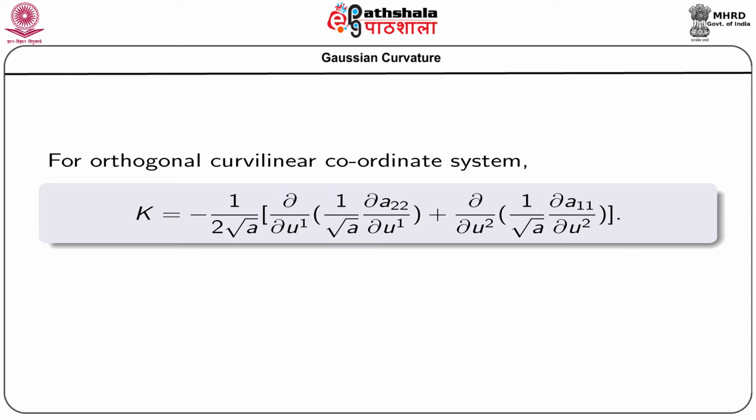Now, this is a very essential formula to find the Gaussian curvature for orthogonal curvilinear coordinate system. With the help of this formula, we can easily find the Gaussian curvature of a surface if their curvilinear coordinate system is orthogonal.